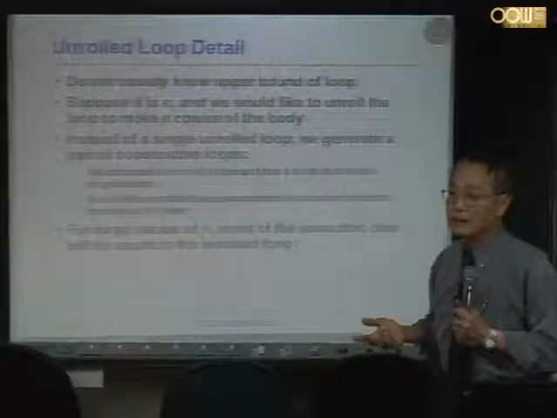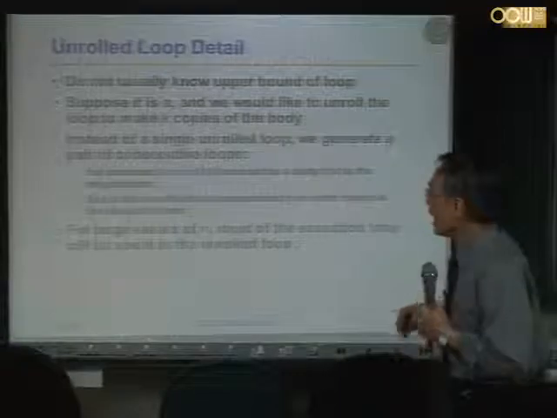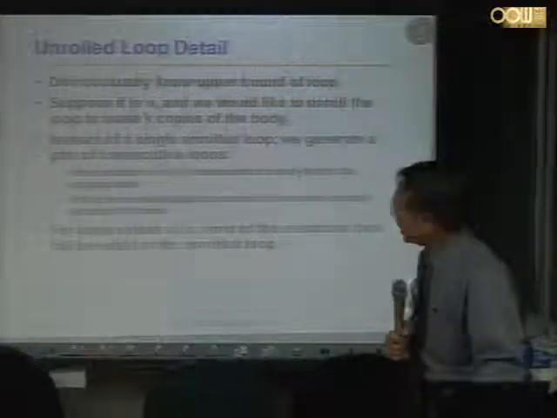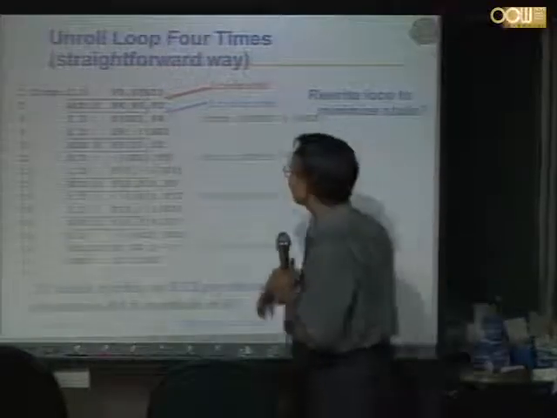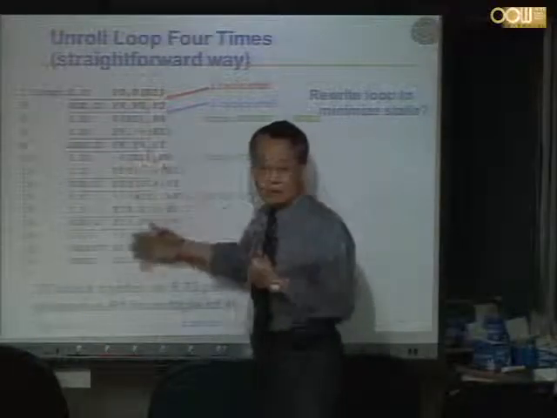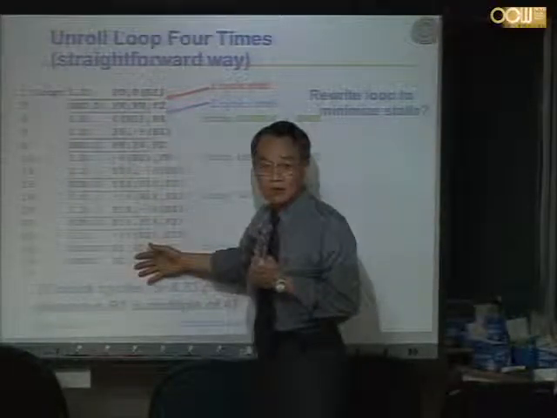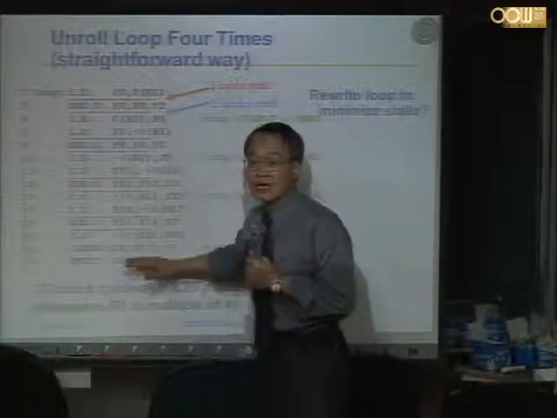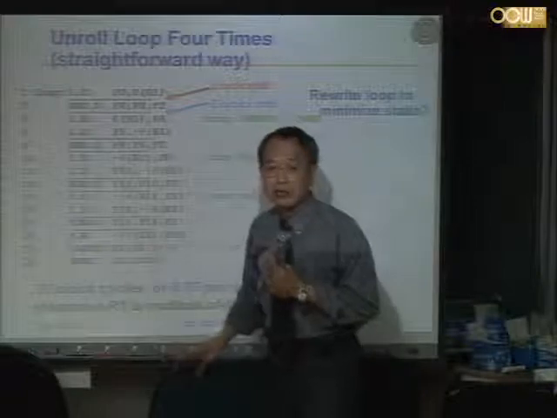Difficult to tell. Number 2, how many times do you need to unroll in order to eliminate all the stalls? If you can unroll it for 3 times to eliminate all the stalls, do you want to unroll more times?